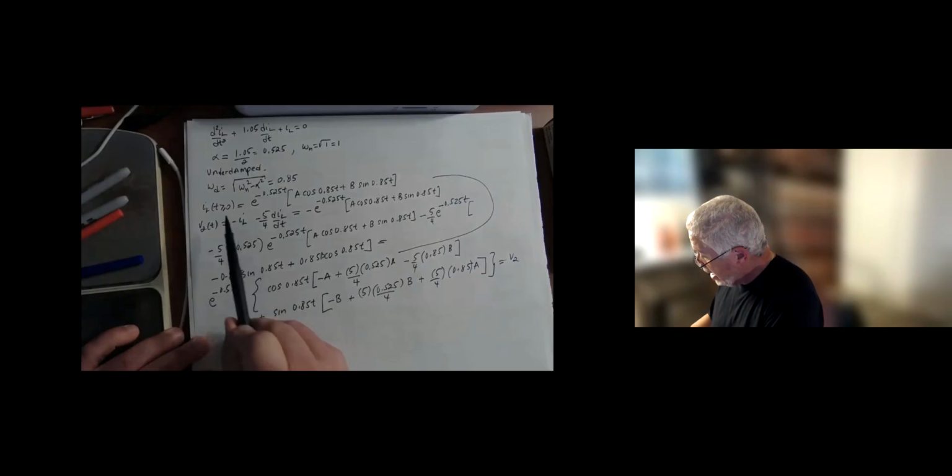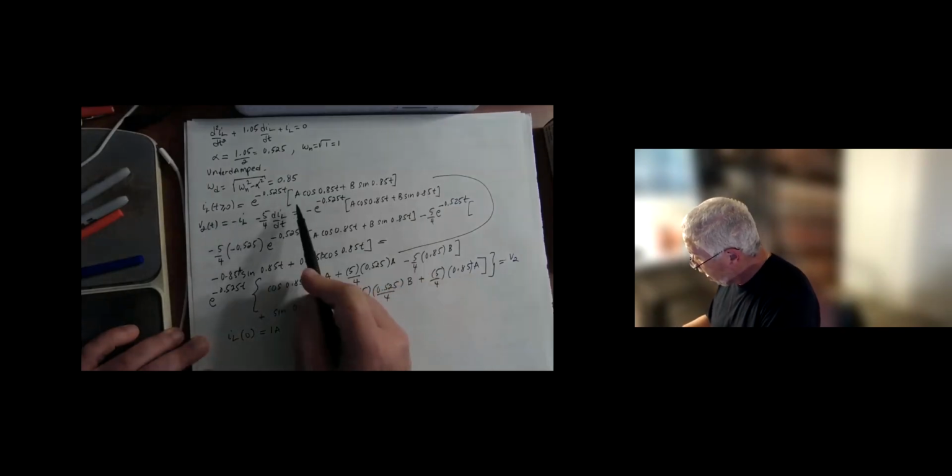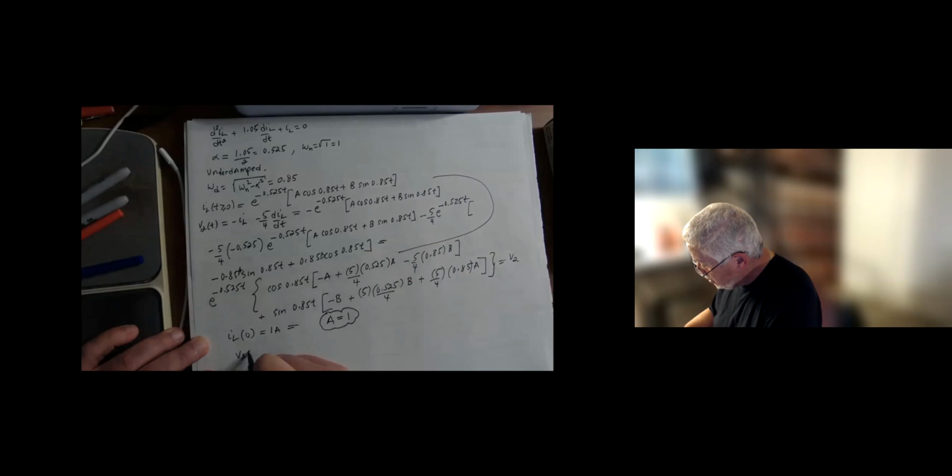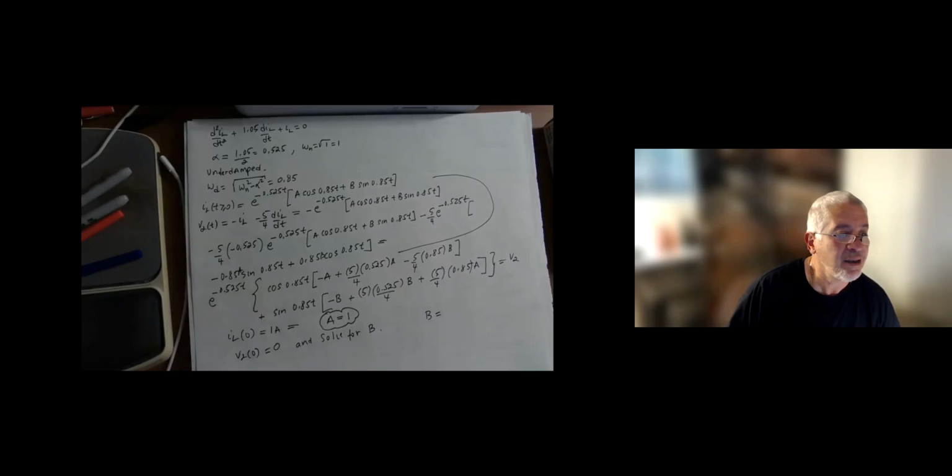And then we say IL at 0 is equal to 1 amp. When I do that, what do I get here? I'm essentially going to find that A is equal to 1. Then I go back and plug in and say V2 at 0 is equal to 0 and solve for B. And what you're going to find, if I did things correctly, is that B is equal to minus 0.32.